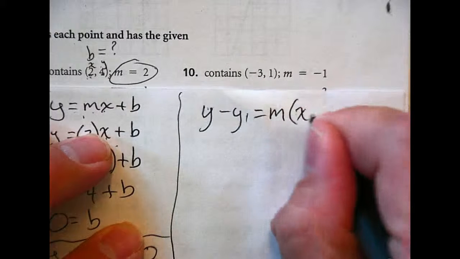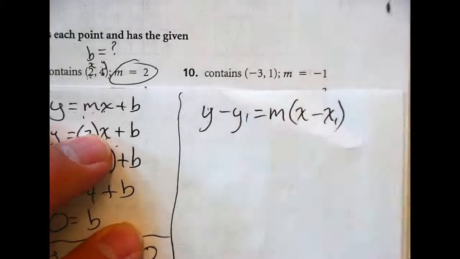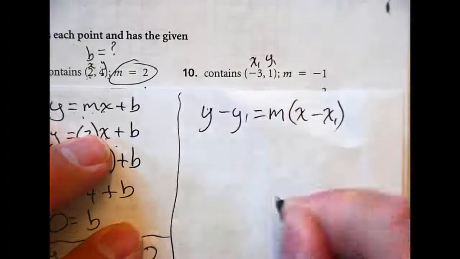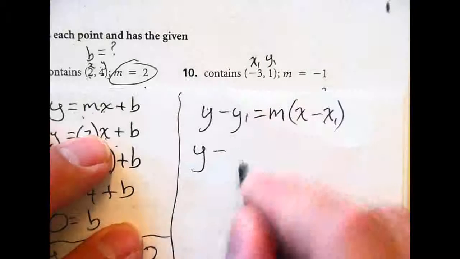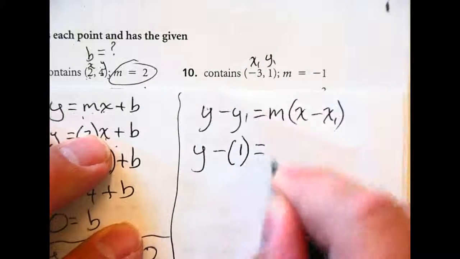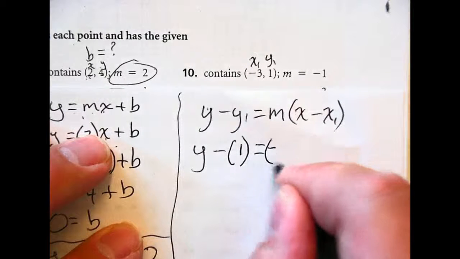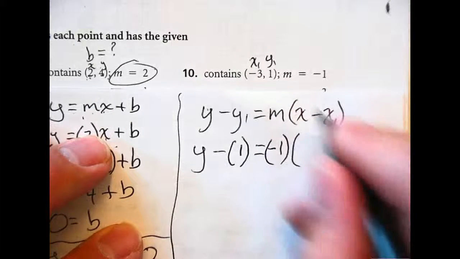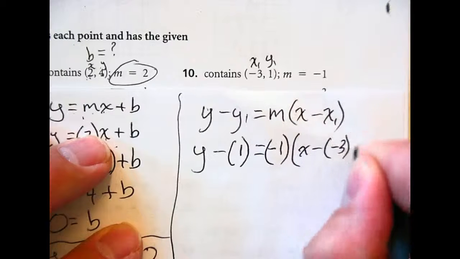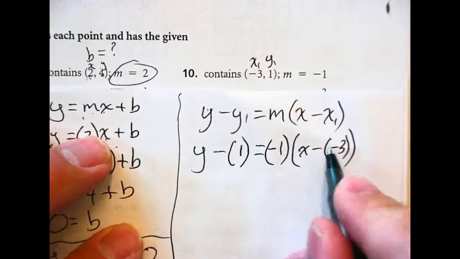All right, this is your x1 and this is your y1. y minus y1. y minus 1 equals m, which is negative 1, times x minus x1, or negative 3. Notice if you don't put it in parentheses, you might miss that that's a double negative, which actually means positive.